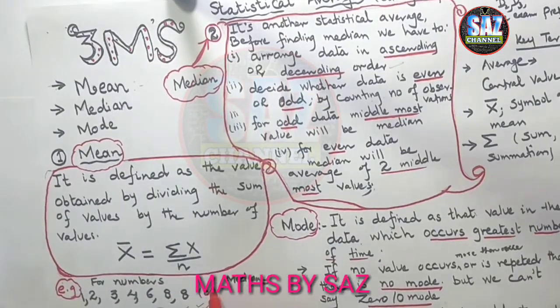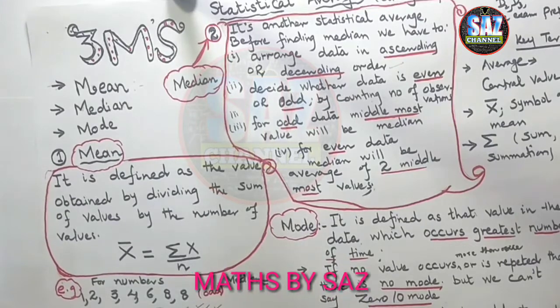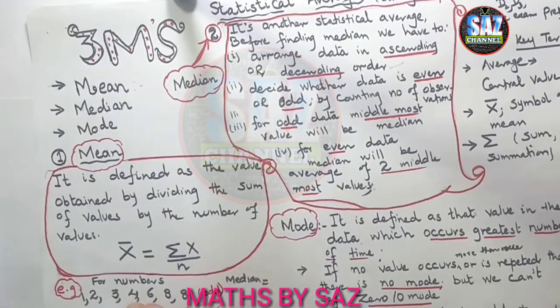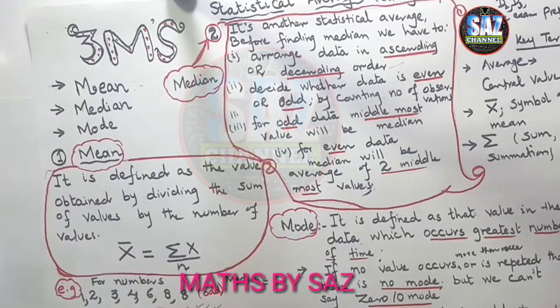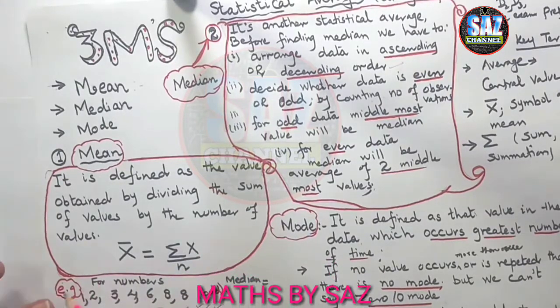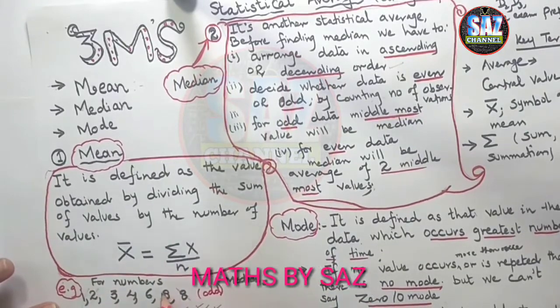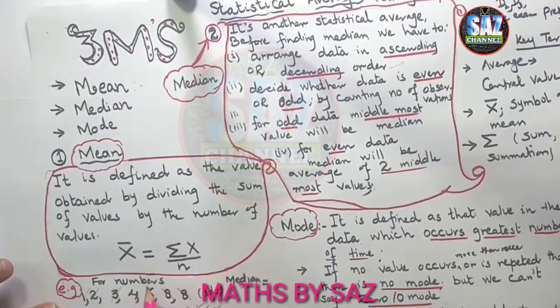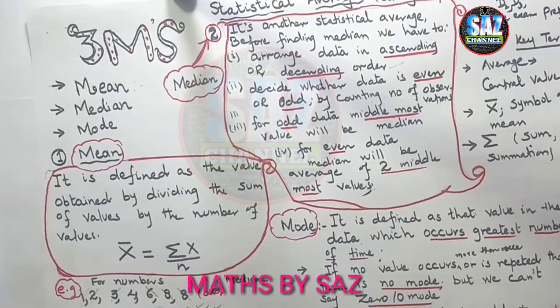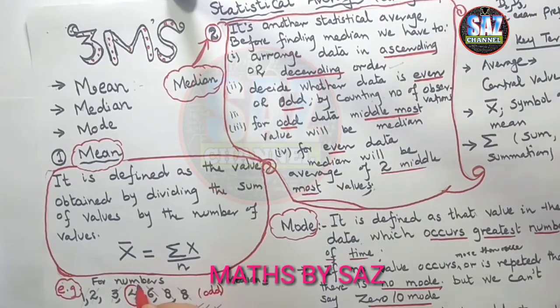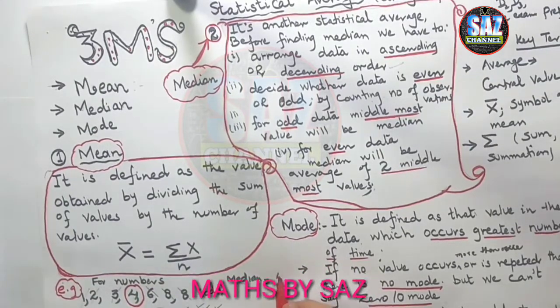So for odd data, what will be the median? The median will be the middlemost value. For that purpose, you can cross out the values from both extremes, like this, like this, like this, and you will be left with one middlemost value. Bring up the middlemost value. Yes, and the median for this information is 4.